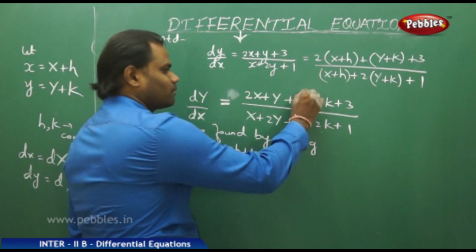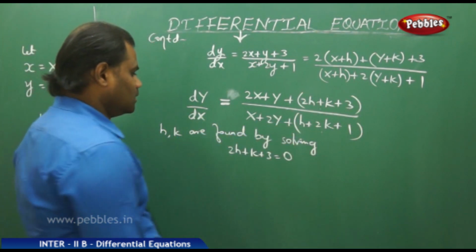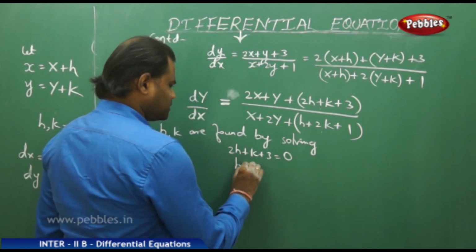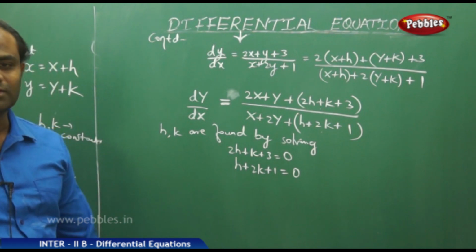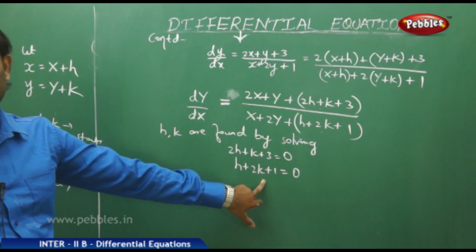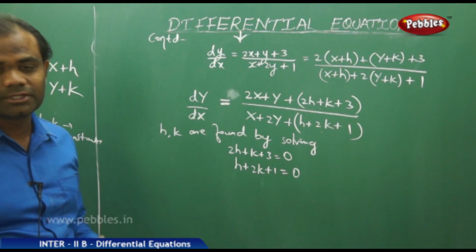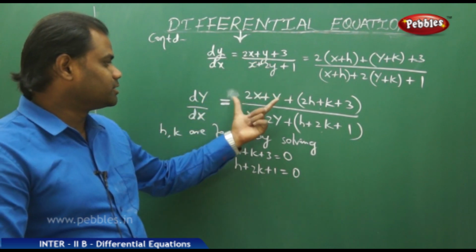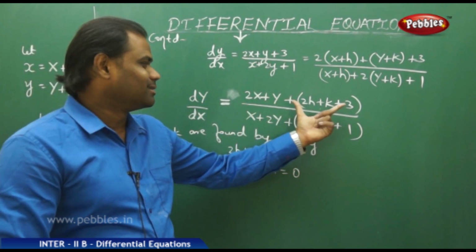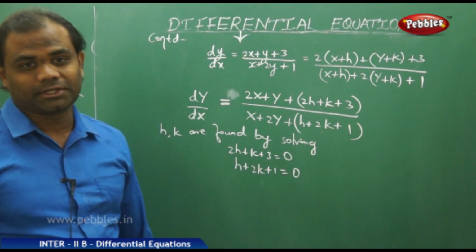This equals 0 and this equals 0 is how we set, and h plus 2k plus 1 equals 0 is how we solve these two in order to get h and k. So in every problem of non-homogeneous differential equation with case 2, we reduce the given equation into this form, and then this and this are solved to get the values of h and k.